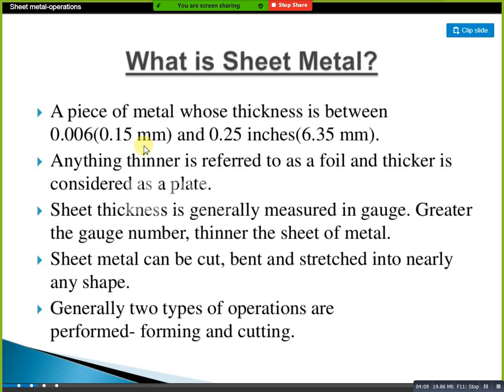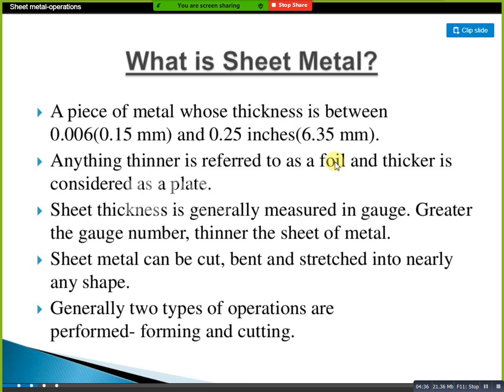If the dimension is between these, you consider it sheet metal. Anything thinner, as I already said, we consider as thin layers, a sheet metal. Anything thinner is referred to as foil, and thicker is considered a plate.